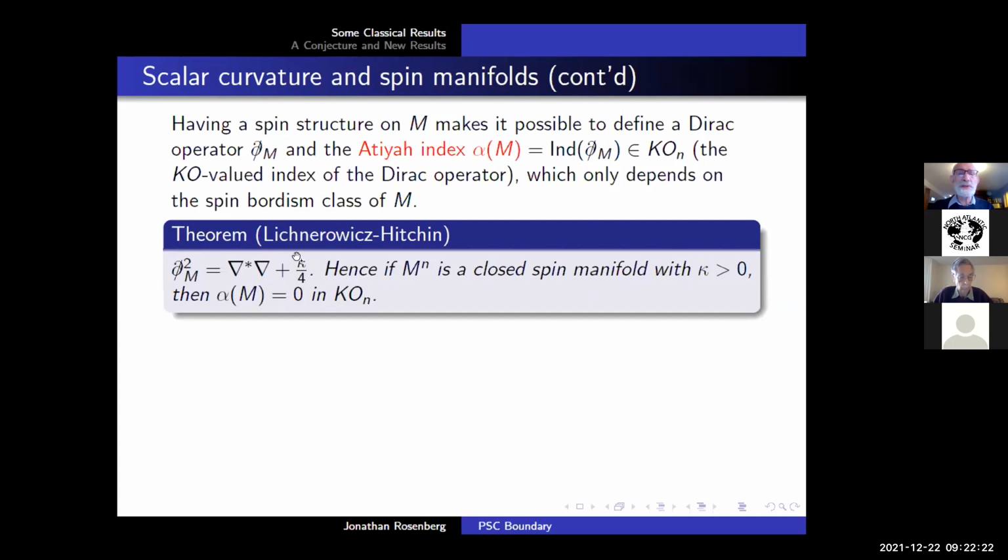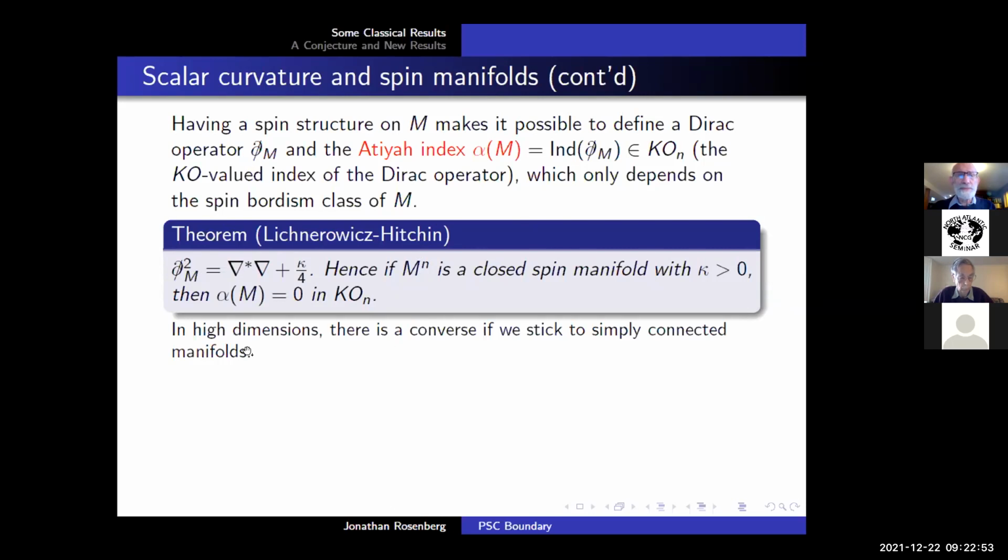So if kappa is strictly positive, then this operator has spectrum bounded away from 0, and so all index invariants have to vanish, and then alpha of M has to be 0. The contribution of Hitchin basically was just to use this fancier Dirac operator instead of the original simple-minded operator in order to cover the cases where n is 1 or 2 mod 8.